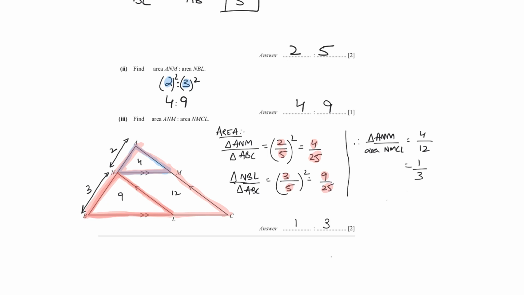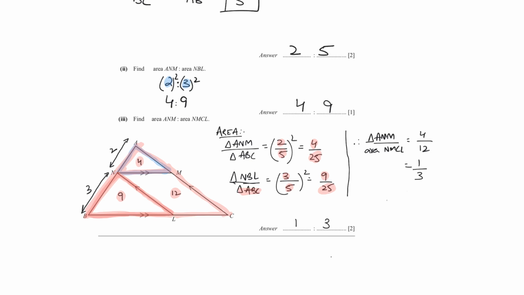Okay, now think of it along these terms. If I have triangle ABC and I have 25 parts of it, out of these 25 parts, I know that triangle ANM is 4 parts, triangle NBL is 9 parts. So this quadrilateral NMCL would be the leftover parts, which is 25 minus 9 minus 4, 12.